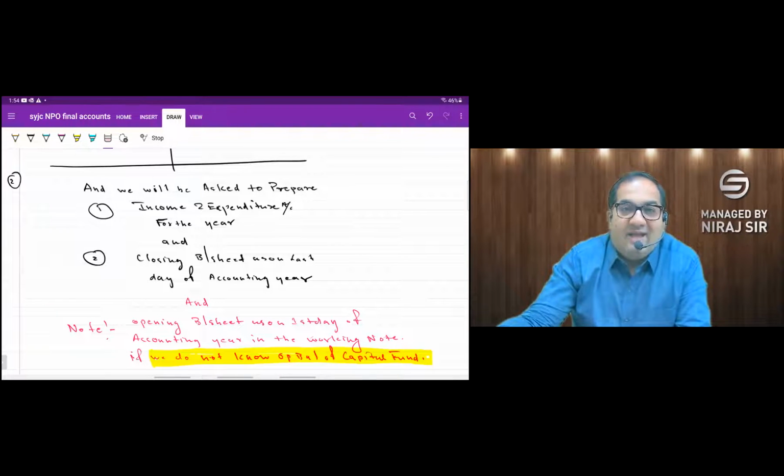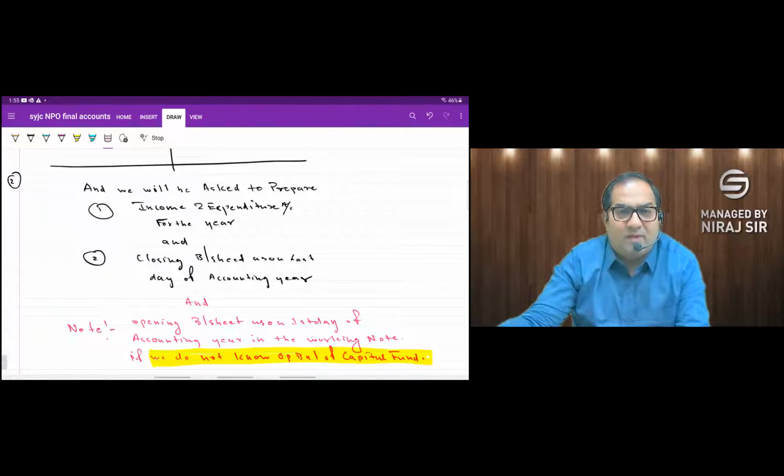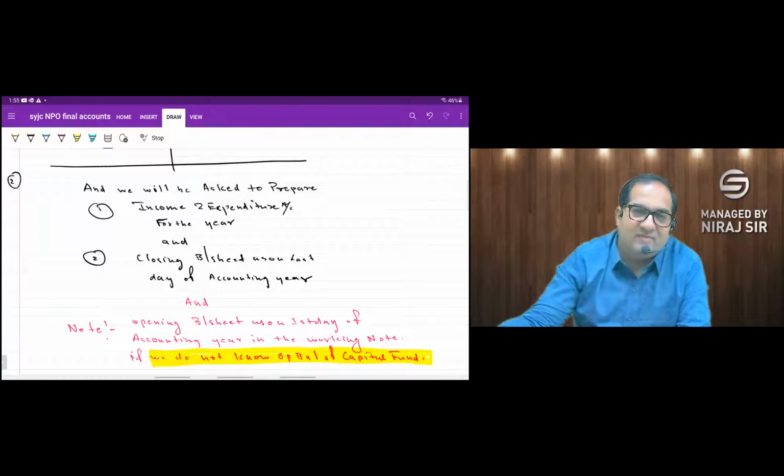So either the information regarding opening balance of capital fund is available in the problem, or they will give you opening balance sheet, which is type 2 question, along with receipts and payments account and adjustments. If opening balance of capital fund is available either in adjustments or through opening balance sheet, then there is no need to prepare opening balance sheet. But if that is not the case, to get opening balance of capital fund, we will have to definitely prepare last year's balance sheet in the working note to get opening balance of capital fund as a balancing figure.